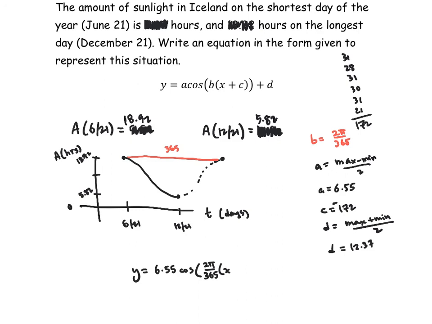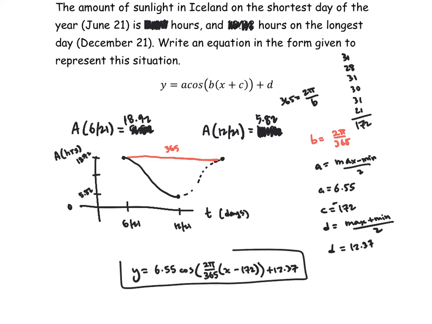If I want the period to equal 365, let's see, 365 equals 2 pi divided by B. No, that's right. I'm good. Minus 172, because our first max is at June 21st, and then plus 12.37. There you have it, guys.